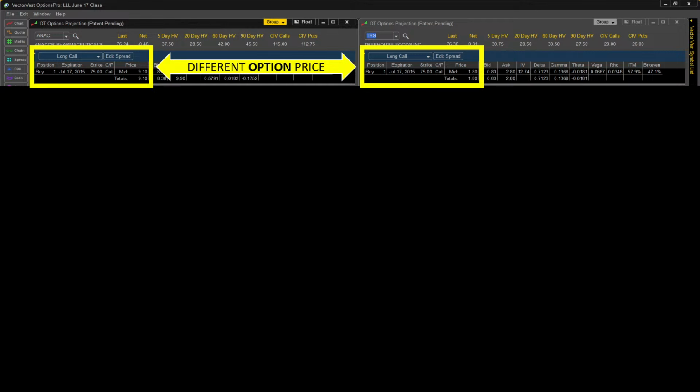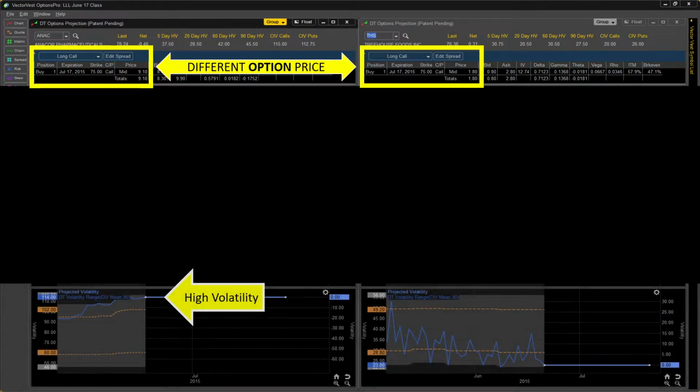Why is there such a huge difference in price of the options? Because the option on the left has extremely high implied volatility. When you have high implied volatility, the price of the option increases. Now, who cares? It's only money, right? It cost me 900 bucks versus 180.